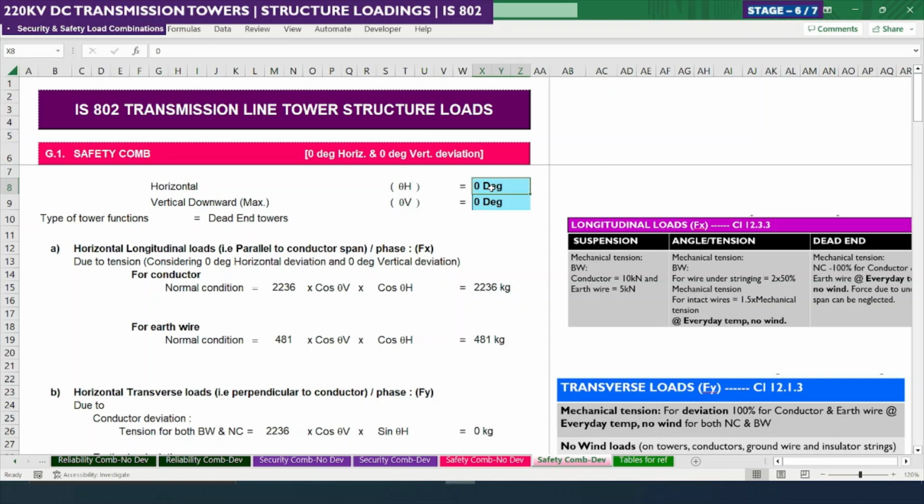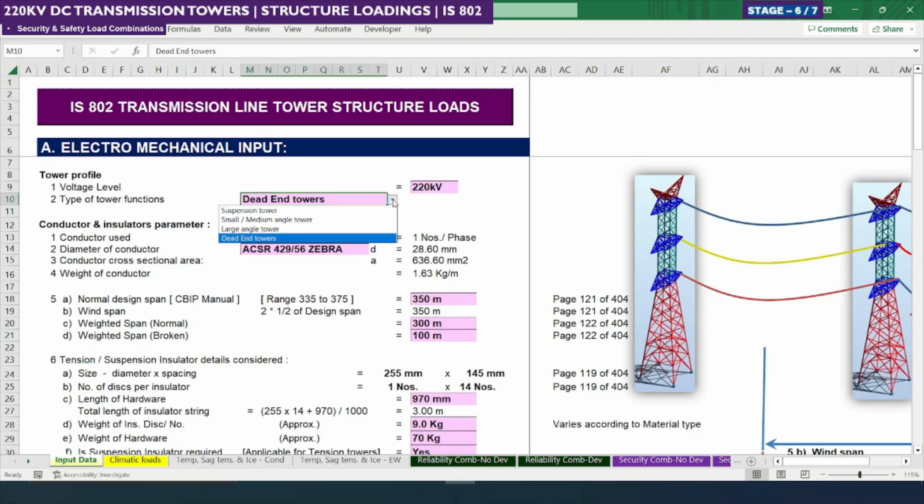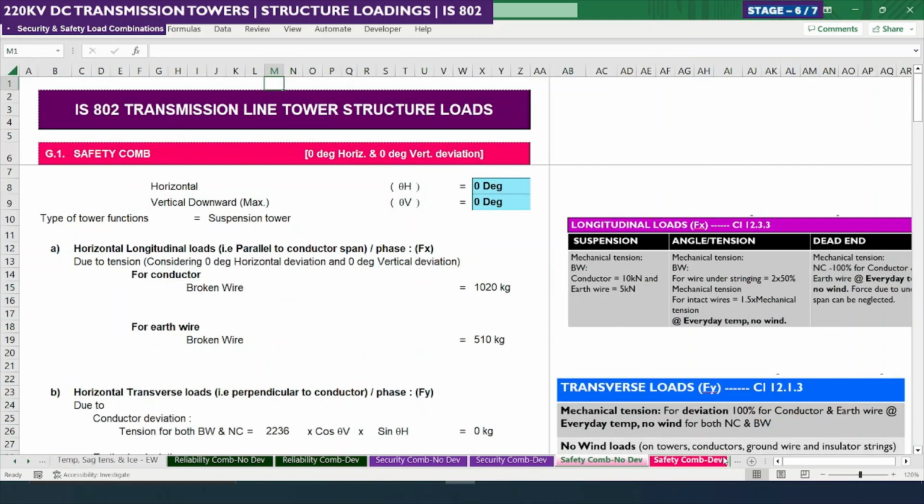So here we can consider whatever we want. For suspension tower we always used to consider a deviation less than 5 degrees. So we can have this by entering here.